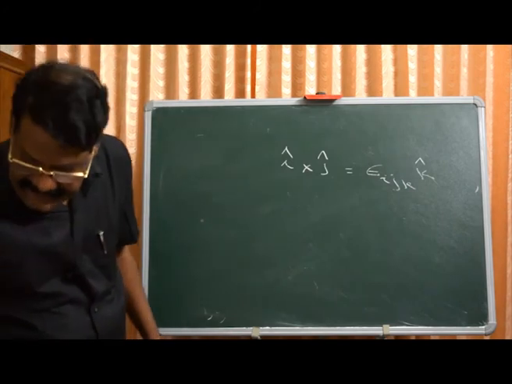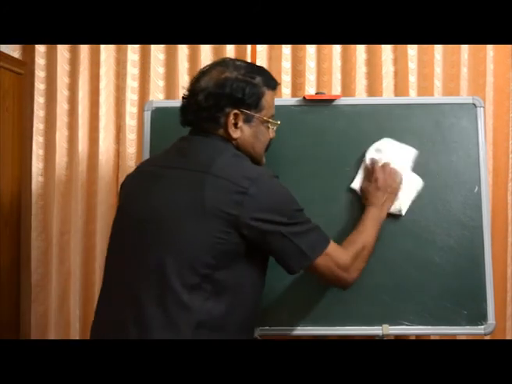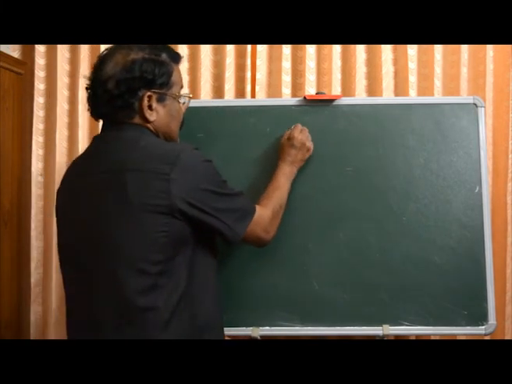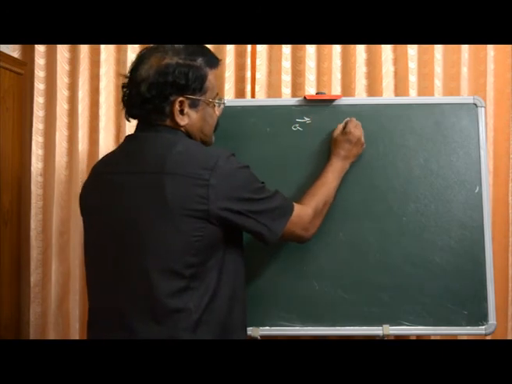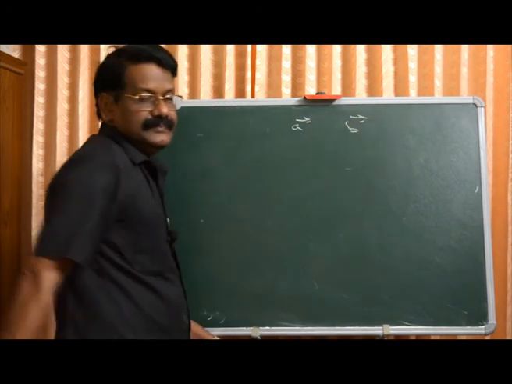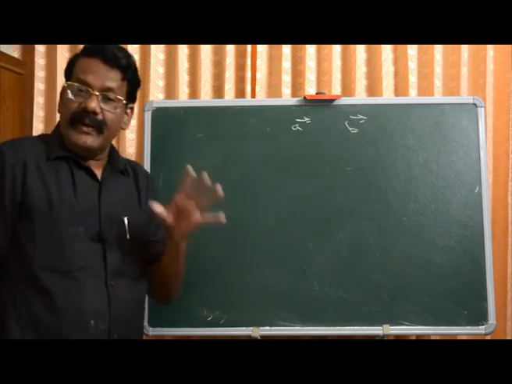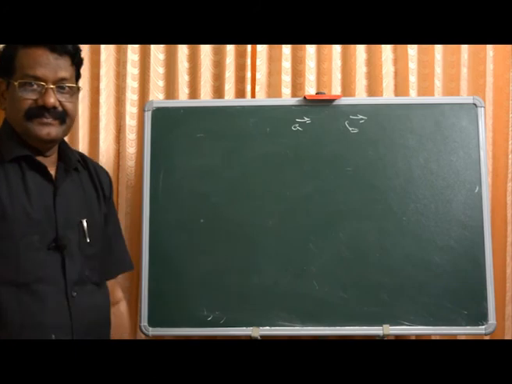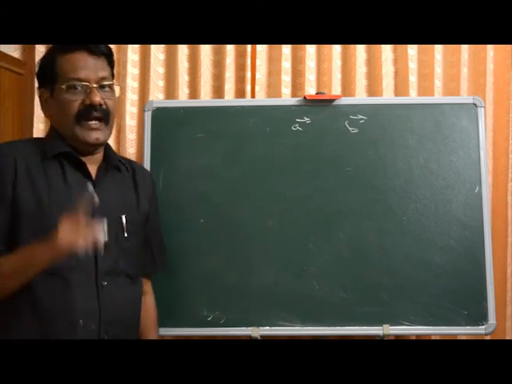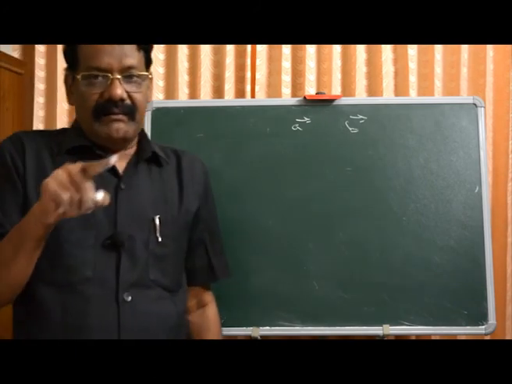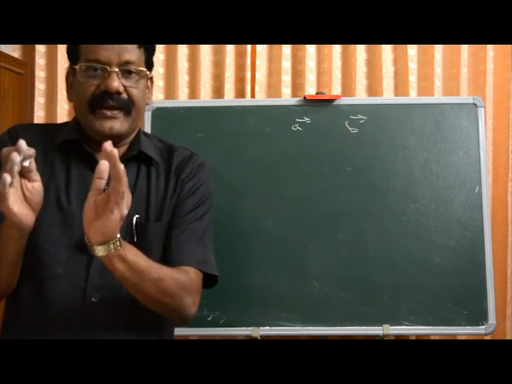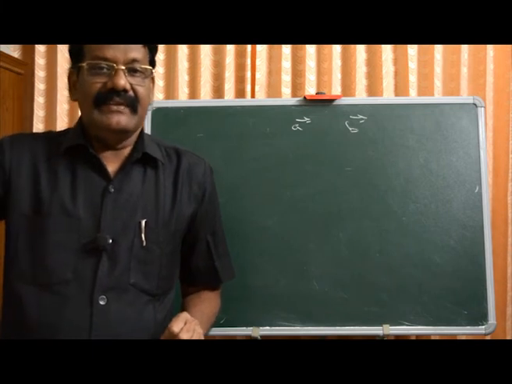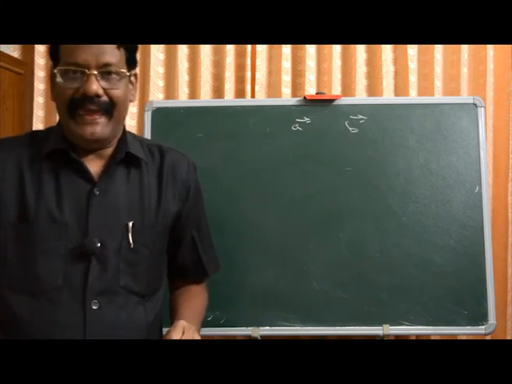Let me quote an example for this. Suppose I have two vectors A and B. I want to find out the ith component of A cross B. I already told you, whenever a cross product comes in the tensor language, the Levi-Civita symbol will come into play.